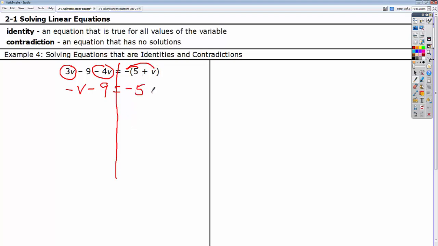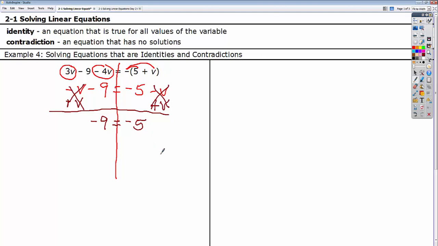Negative 5 minus v. And then like yesterday I have variables on opposite sides, so I'm going to move them to the same side. So I'm going to add v and add v. Here they're going to cancel, and here they're going to cancel. That leaves me with negative 9 equals negative 5.